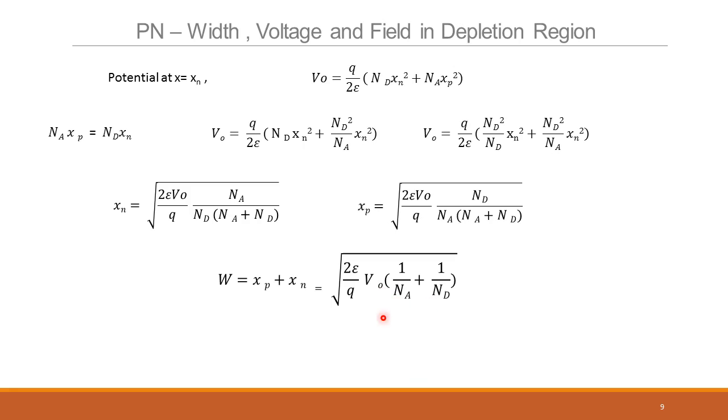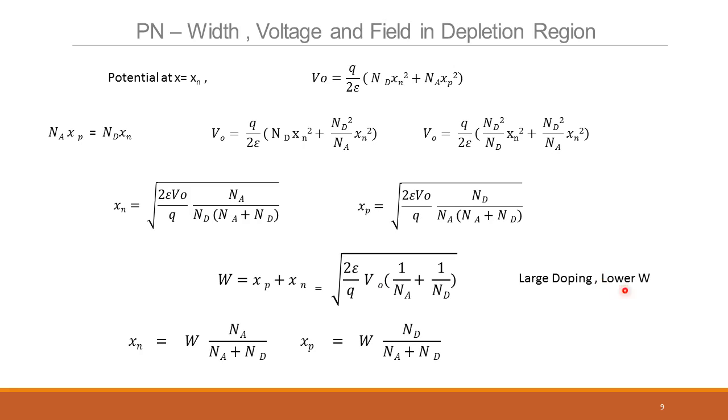But Na Nd comes here. So you can see larger doping means lower W. This is important. Larger doping means these factors will become smaller and smaller, hence the width will reduce. So larger doping, smaller W. The depletion width actually reduces with larger doping.